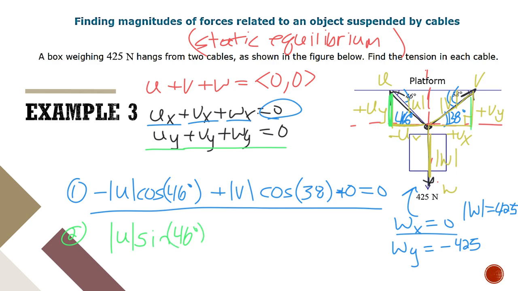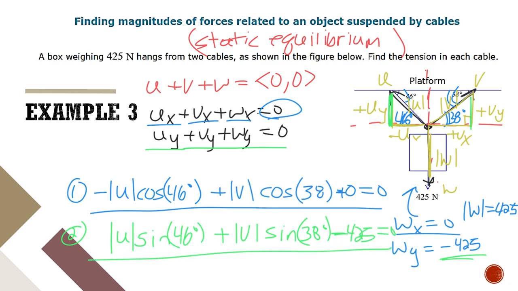This y value is again positive, so plus the magnitude of v and then sine of 38 degrees. And then plus, it's actually a negative 425, is equal to 0. So now we have those two equations, and we will solve those using a graphing calculator.